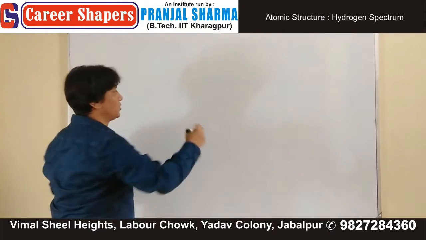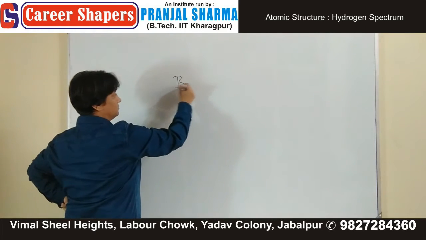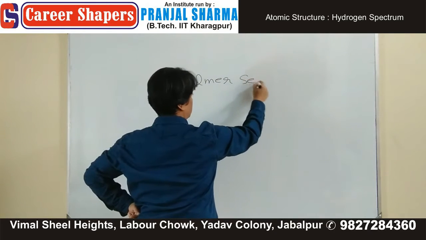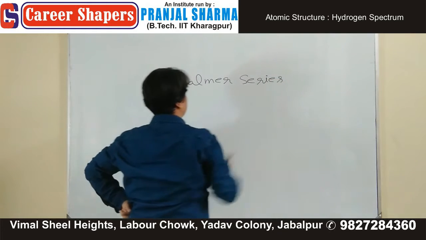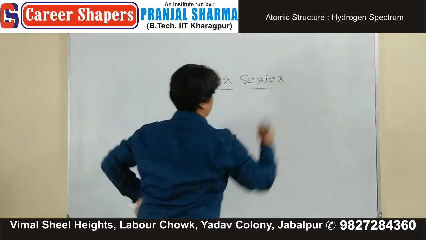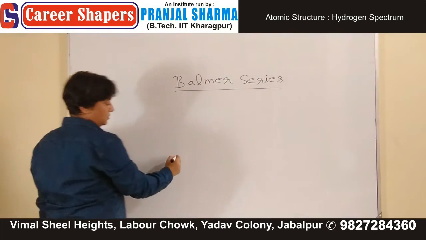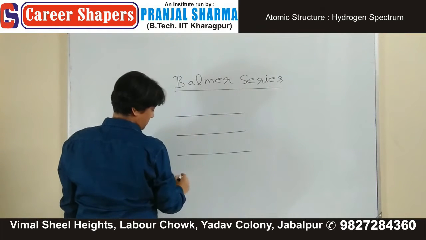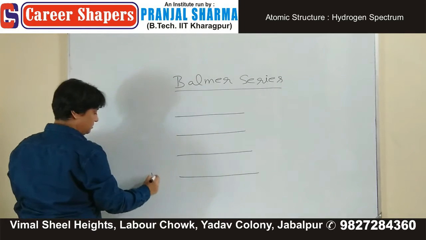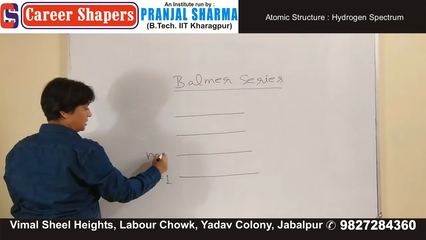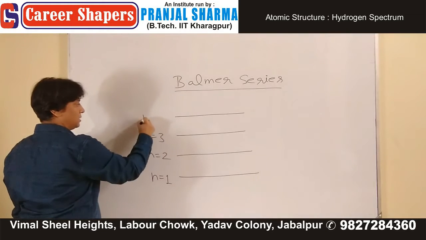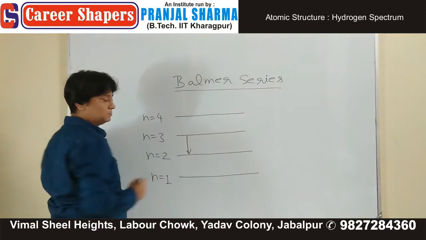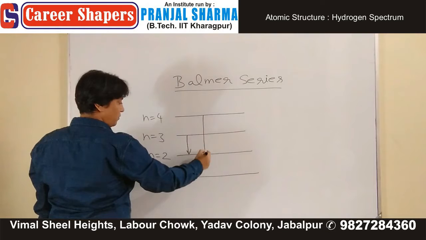The next series in the hydrogen spectrum is the Balmer series. This time the jump takes place from n3 to n2, n4 to n2.